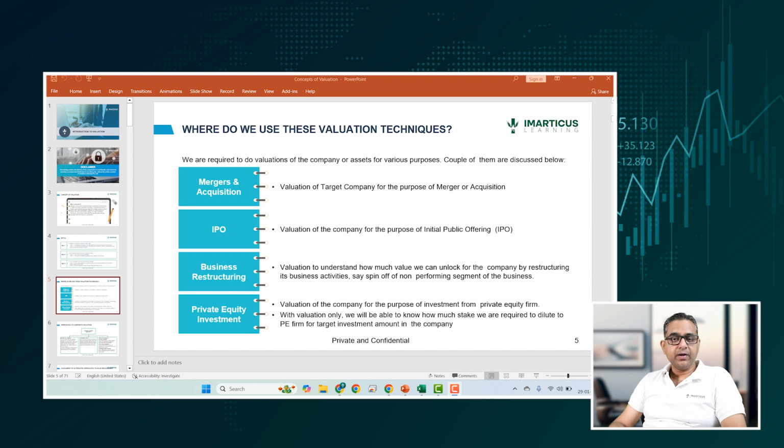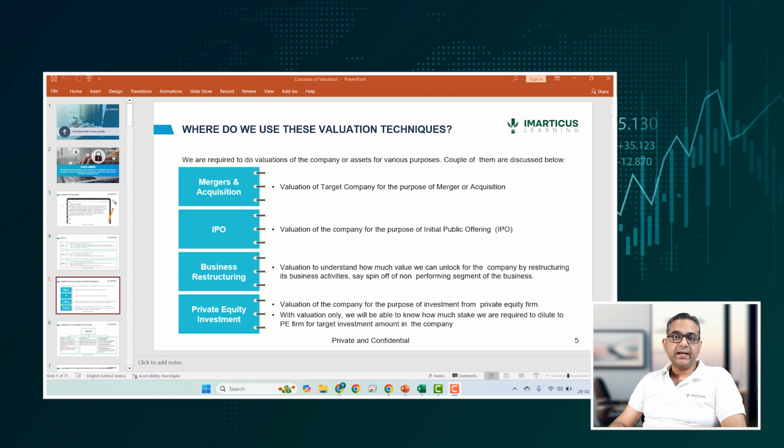Similarly, in cases of IPO, valuation is done. Whenever a private company wants to go for an IPO, become a public company, they would hire an investment bank, and they would get their valuation done, so at what price they should list their shares.